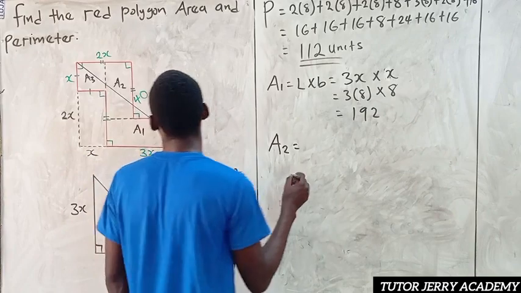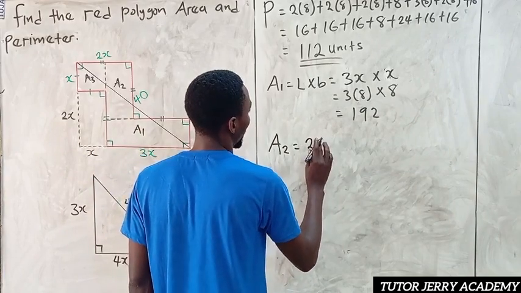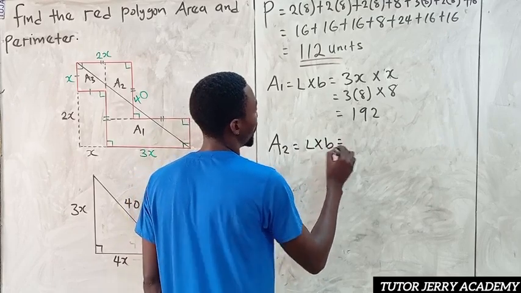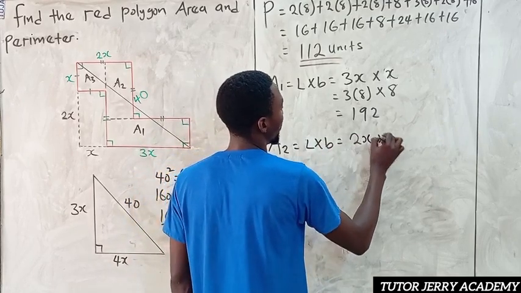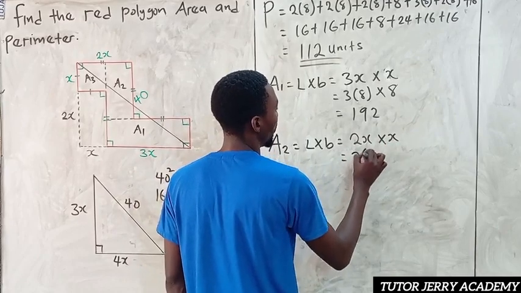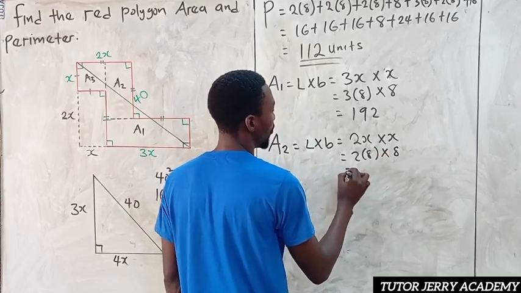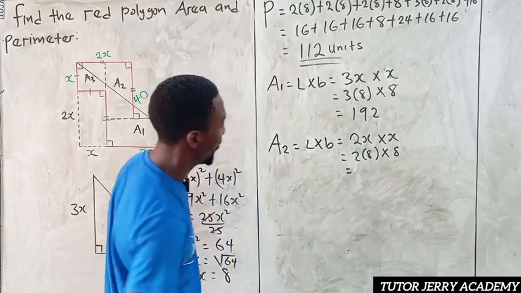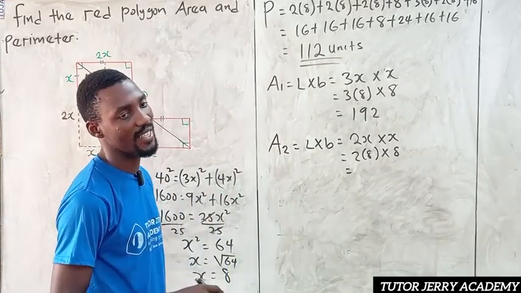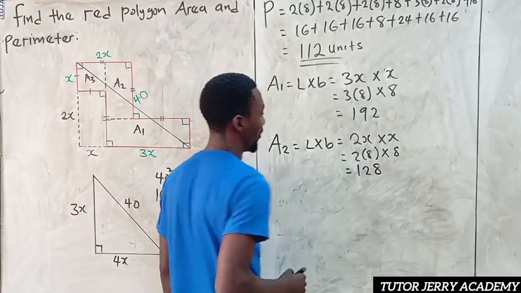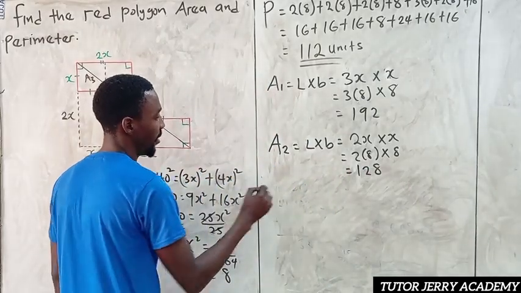So it's going to be 2x, length times breadth again, which is 2s multiplied by s. So 2 into 8 multiplied by 8. So 2 into 8, that is 16. 16 times 8 is 128. All right. So now let's go for A3.